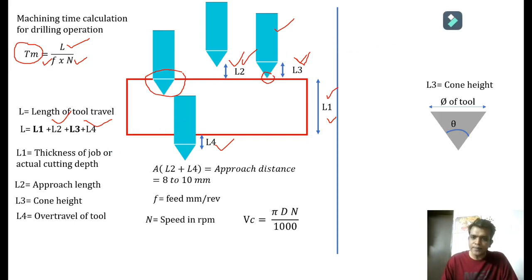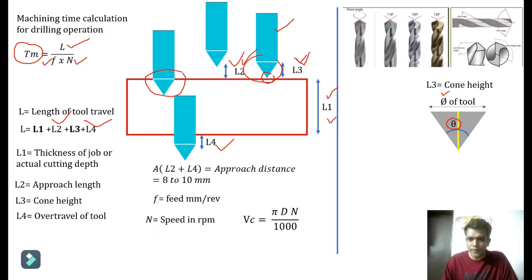Now let's see how we can look into the calculation of the L3 distance, that is, cone height. As we can see here, as the diameter is changing, we have just taken this conical part over here for understanding. What is phi? The drill bit diameter, the diameter of the drilling tool. Every drill tool has a specific point angle, as you can see over here as well.